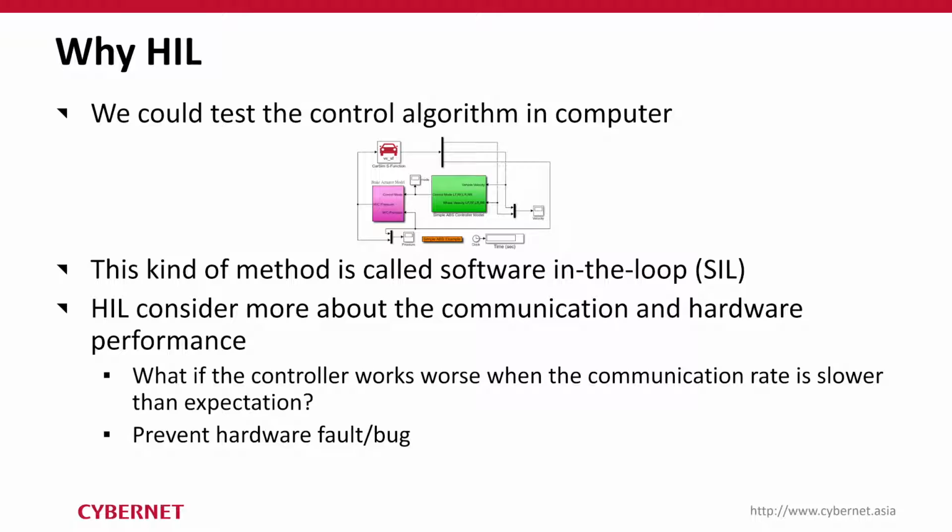A real controller will communicate with sensors and other control units. It might receive data from the VCU and generate commands to the brake system. In different situations like high temperature, wrong connection to the power supply, or receiving errors from other control units, the behavior of your controller will change. This kind of condition will probably happen only when you test your controller in a real car. And hardware in the loop can help you solve this problem at an early stage.